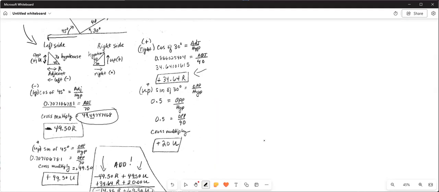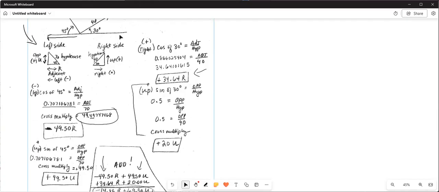So rounded to 34.64, it's positive. And then when you do the same thing for the sine, you get a 0.5 as the sine of 30 degrees. You multiply that times the hypotenuse, which is 40, and that gives you a plus 20.